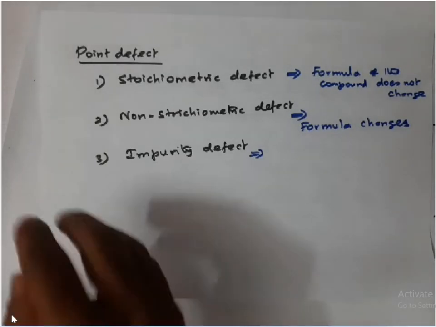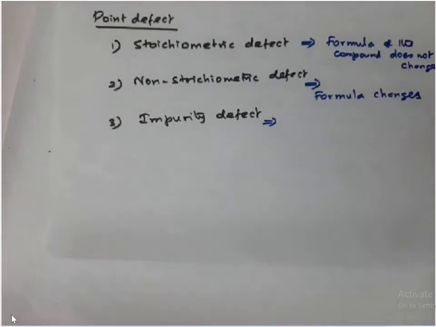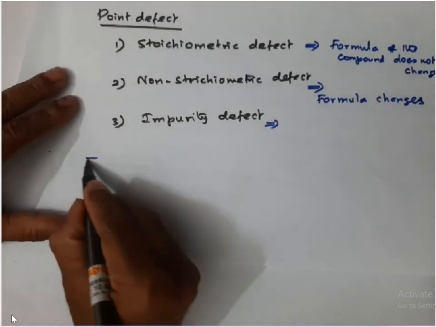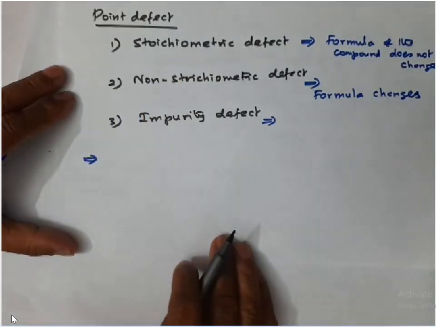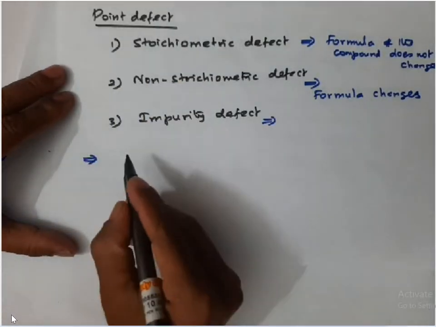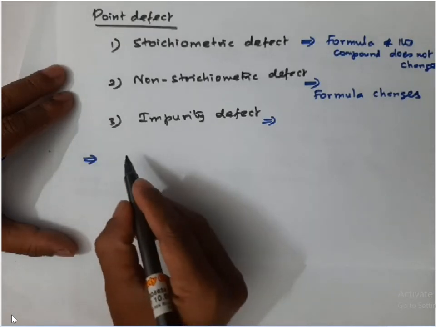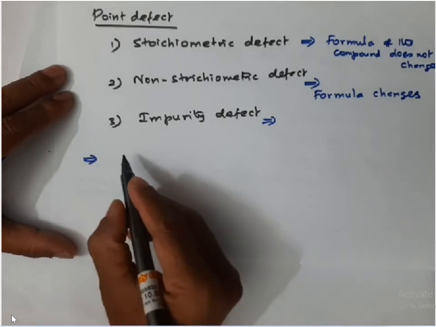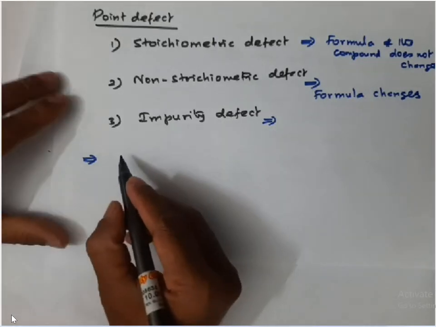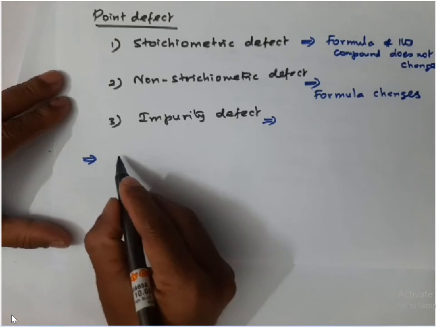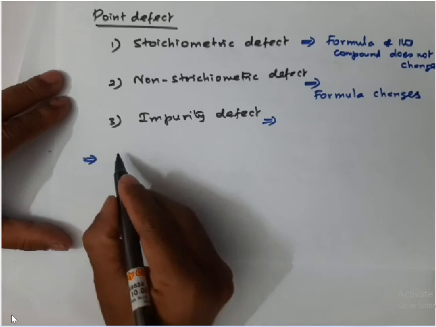Before going to discuss these defects, let me just introduce the two types of defects which normally arise in these three. What are the two types of defects? Number one, interstitial defect.